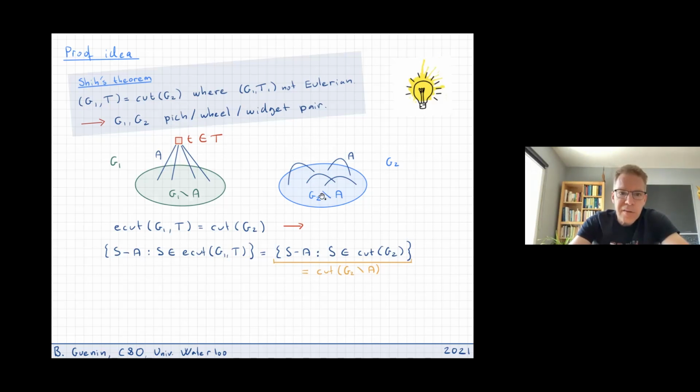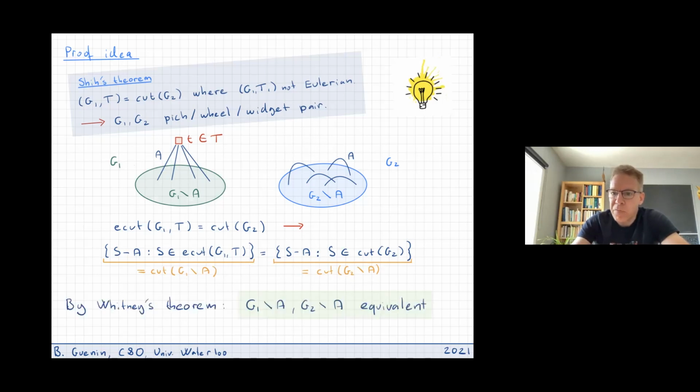Now here, this looks a little more complicated because I'm looking at even cuts. But what happens is that I'm deleting all the edges which are incident to a terminal. So I'm really turning all the even cuts into cuts as well. And so now I've started from G1 and G2, and I'm looking at cuts of G1 deleted A, cuts of G2 deleted A, and now I know that they are equivalent.